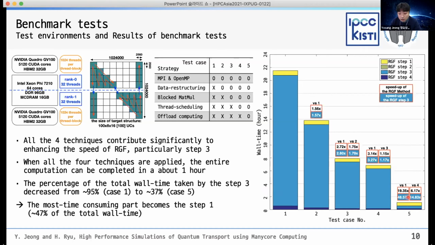However, in case 5, this ratio dropped to about 37%. So with all the techniques applied, the most time-consuming part of the RGF computation becomes step 1, not step 3. That is about 47% of the total wall time.